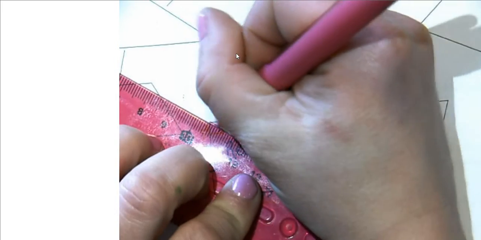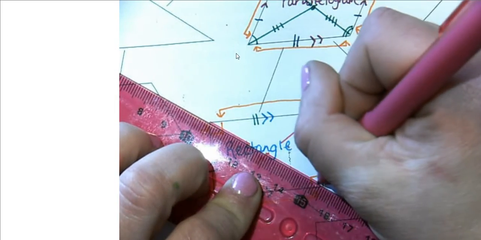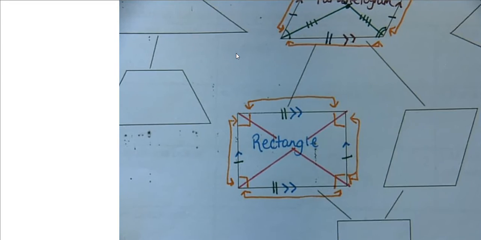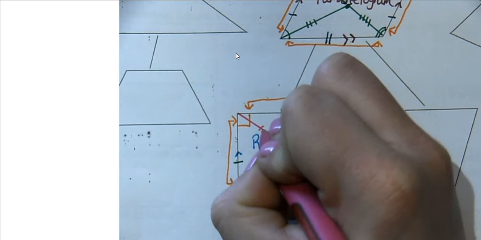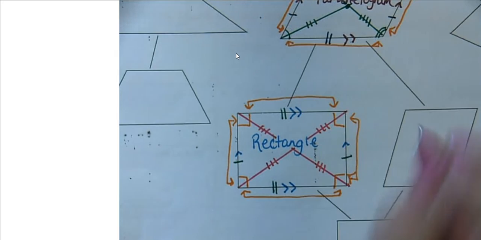In a rectangle, the diagonals are going to be congruent to each other. In addition to that, they bisect each other just like a parallelogram.